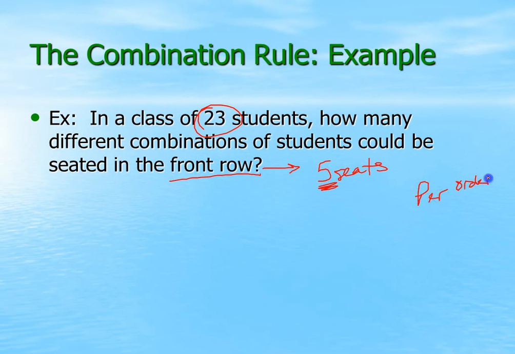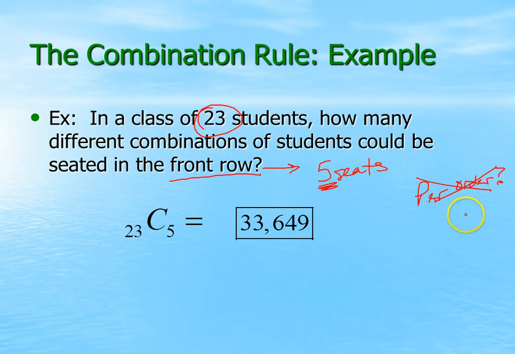Does order matter? Does it matter who I put in which seat, who goes there first? No. Order does not matter. So it's 23 choose 5, which means there's 33,649 options for me putting students in the front row if there's 23 kids in class. It's a lot of options.